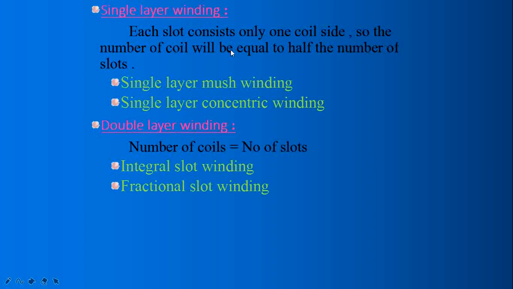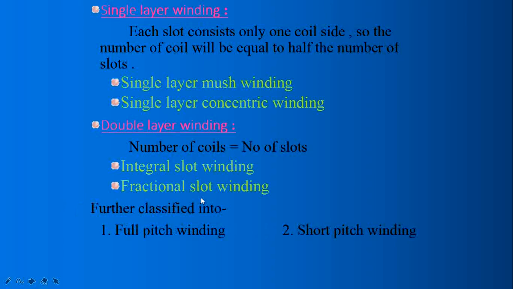For single layer winding, the slot consists of only one coil side, but in case of double layer winding, the number of coils will be equal to the number of slots, and this is also classified into integral slot and fractional slot. This is further classified into full pitch winding and short pitch winding.